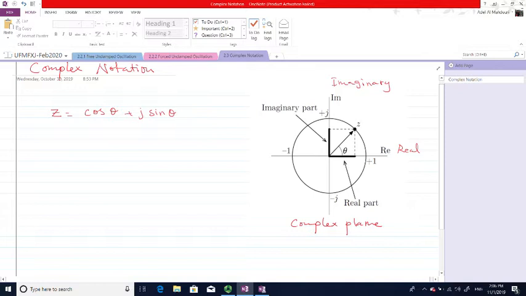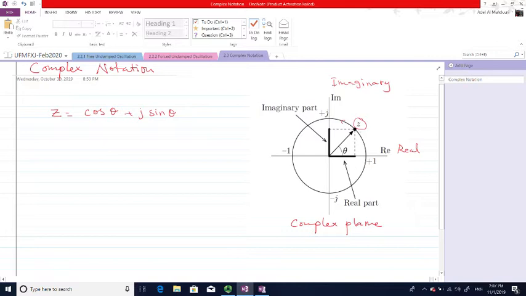However, the imaginary coordinate will be varying between the imaginary number +j and the minimum value -j. As you see, this is z, a complex number, which is moving around this circle, maybe in this direction, and this complex number will vary as it moves around the circle.